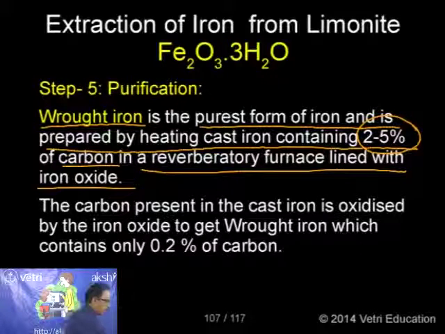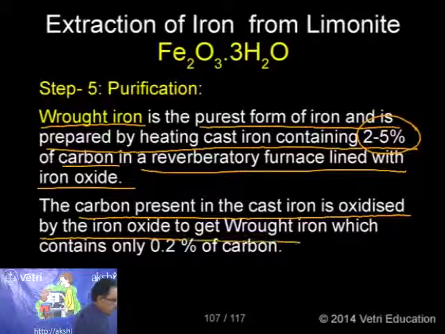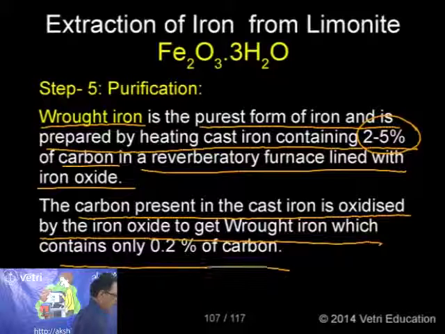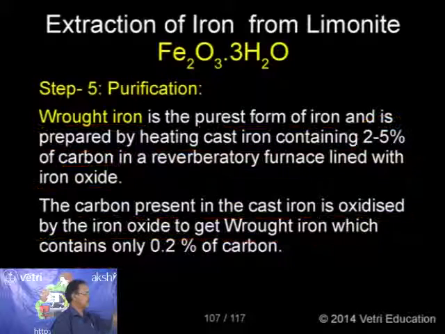The carbon present in the cast iron is oxidized by the iron oxide to give wrought iron, which contains only 0.2% carbon. So very little impurity. Carbon impurity is very low in wrought iron, so wrought iron is the purest form. This is the interesting information I want to record here.